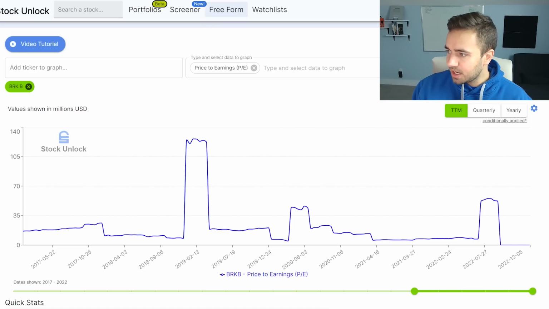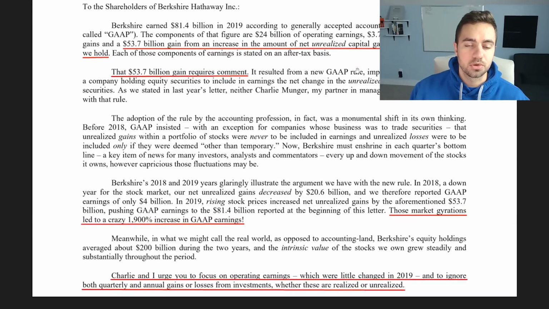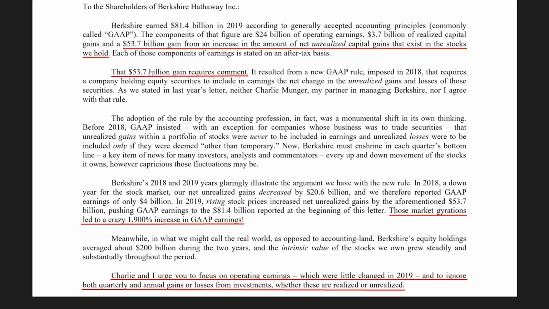Now, also, I have a screenshot right here from Berkshire's own 2019 letter to shareholders. So this was written by Warren Buffett in the year 2019 when this accounting rule changed. And this says, Berkshire earned $81.4 billion in 2019, according to generally accepted accounting principles, commonly called GAAP.